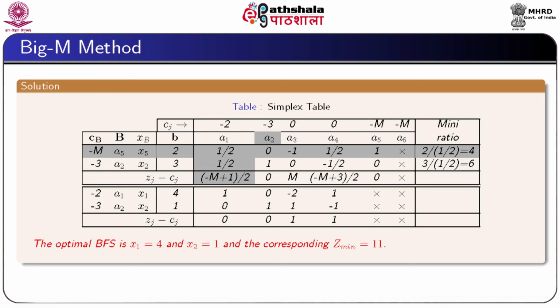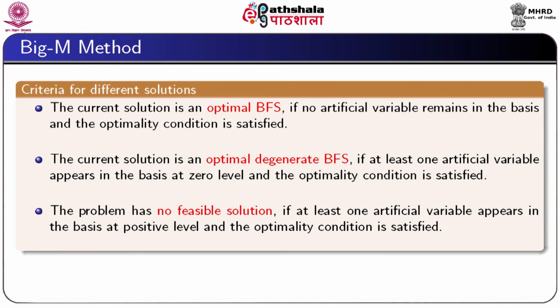In the final iteration, Zj minus Cj is greater than or equal to 0 for all j, hence the optimality condition is satisfied. The optimal solution is x1 equal to 4, x2 equal to 1, and the corresponding minimum value of z is 11. We would like to tell you some criteria for different solutions. The current solution is an optimal basic feasible solution if no artificial variable remains in the basis and the optimality condition is satisfied.